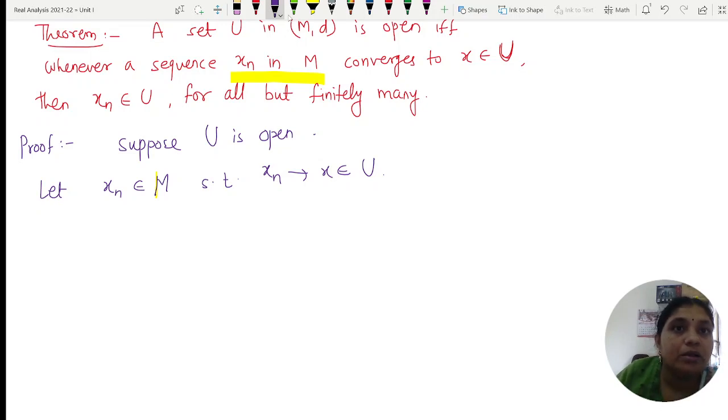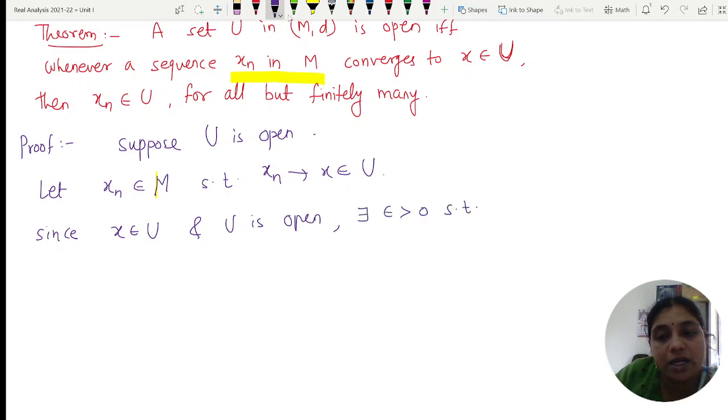Now, since x belongs to U, and U is an open set, there exists epsilon greater than 0 such that B epsilon of x is contained in U, by definition of open set.